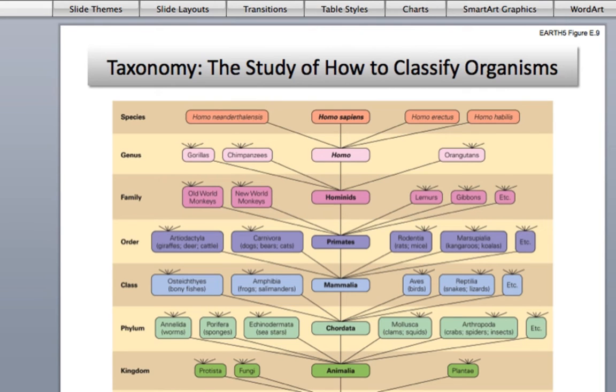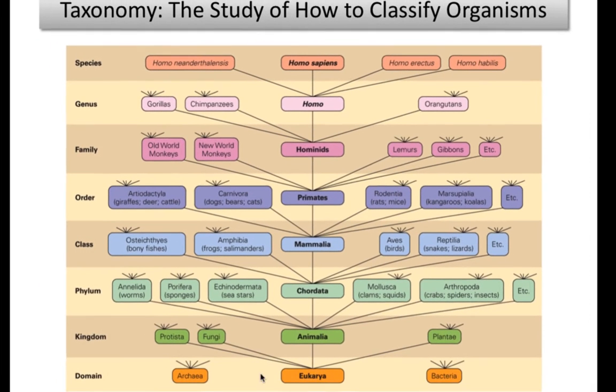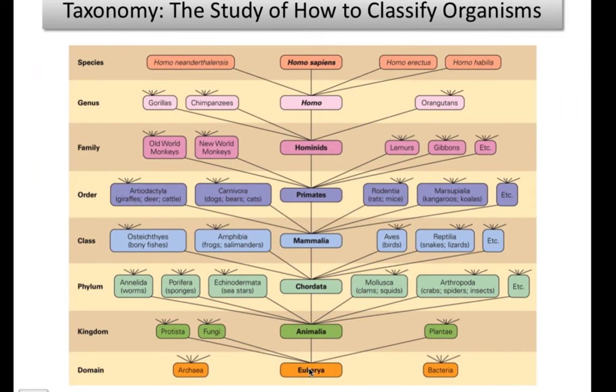So when we're looking at the PowerPoint, we see that here we have the domain, which is eukarya, right? So there's also archaea and bacteria. And then the kingdom, well, we've got Protista, fungi, Animalia, and Plantae, right? So from here, we'll look at Animalia, and we've got Chordata as an important phylum.